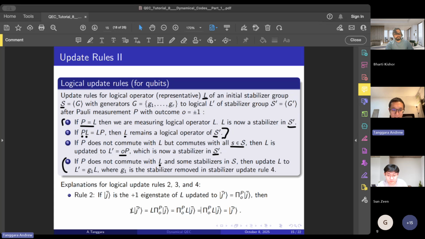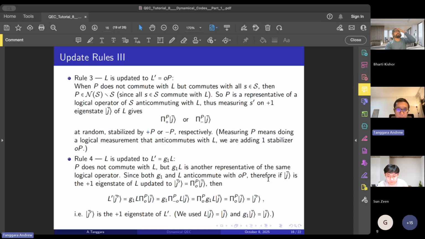I can show that if this J bar is the logical plus one eigenstate of this logical L, then if I project it with this measurement projector, it's still a plus one eigenstate of L, right? So we've seen that.